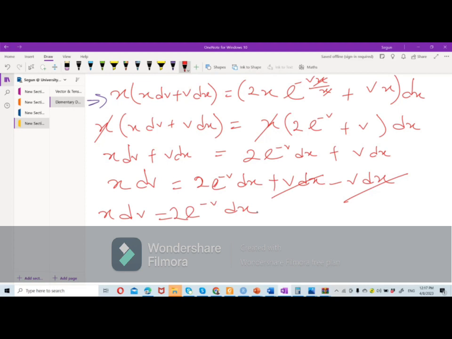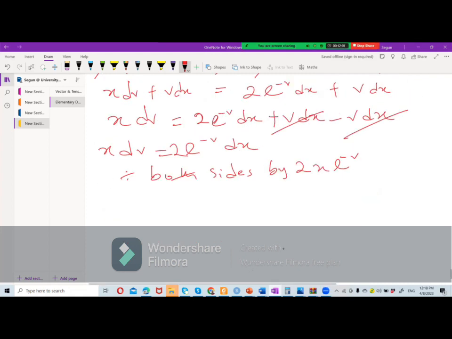We can now use separable variables. Let all v go to v, let all x go to x. So it simply means we divide both sides by x times 2 exponential minus v.